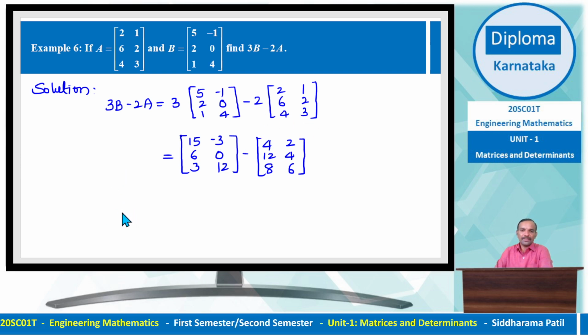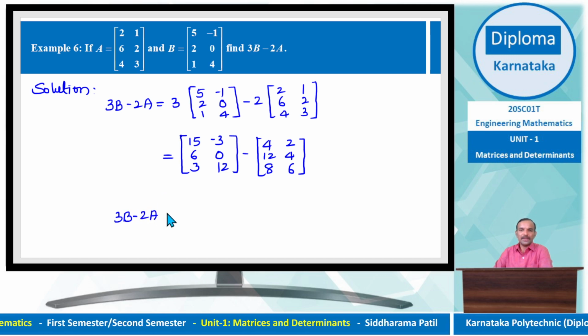Now subtract 3b minus 2a. Now you have to write directly.